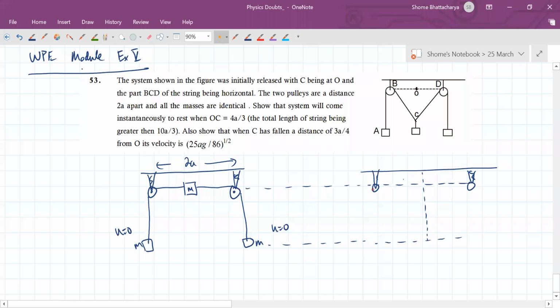It's going to this position where these two blocks by symmetry will be at the same height. And this one is here. Okay.